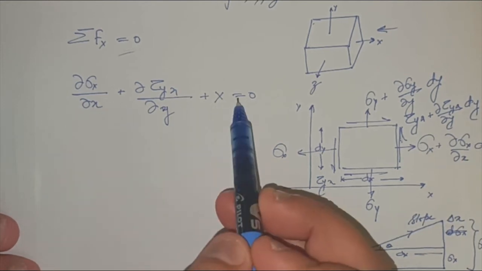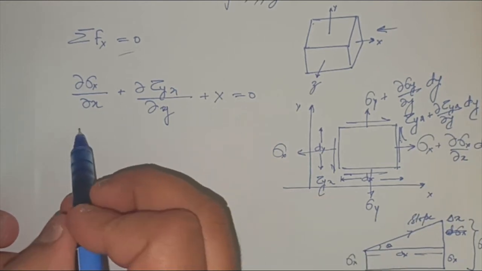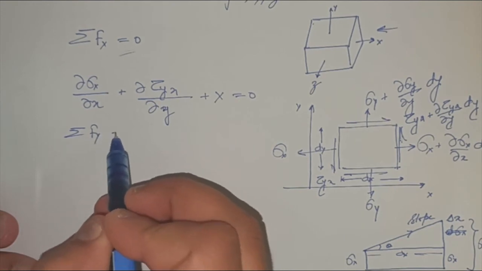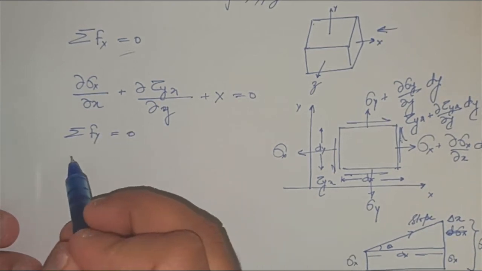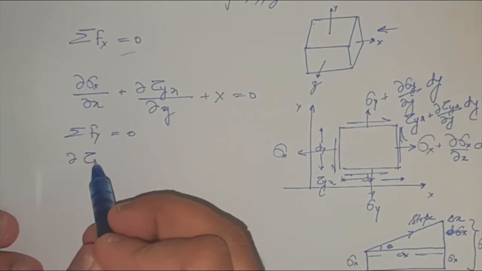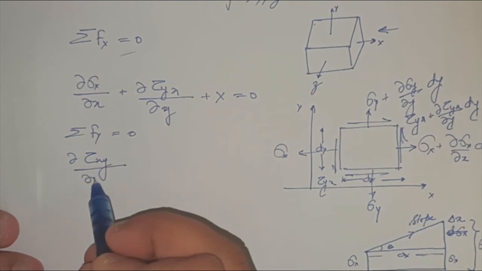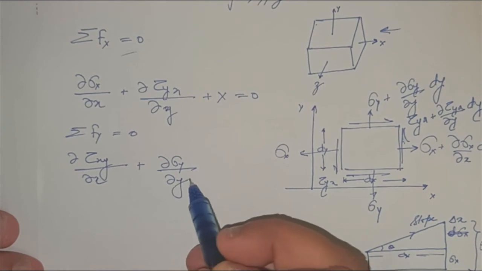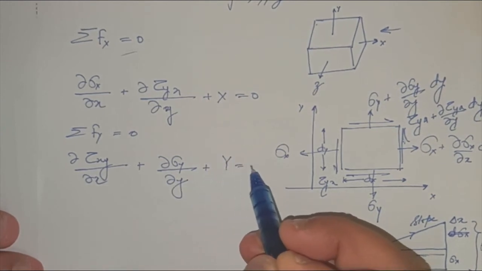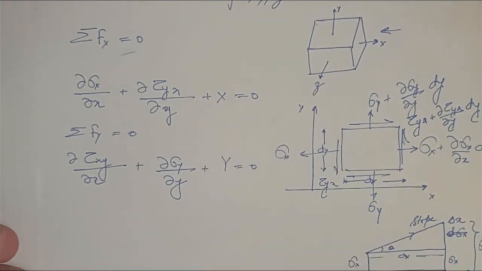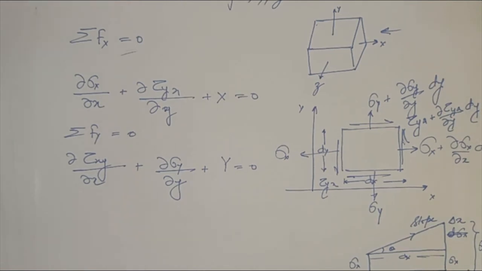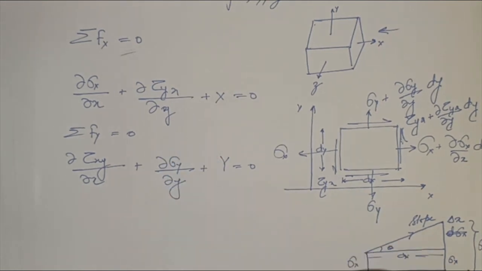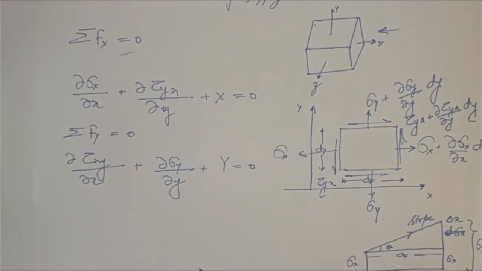So this becomes your first equilibrium equation. Summation of Fy equal to 0. Then your second equilibrium equation will be del tau xy by del x plus del sigma y by del y plus Y equal to 0. So these are the equilibrium equations usually in two dimensions.